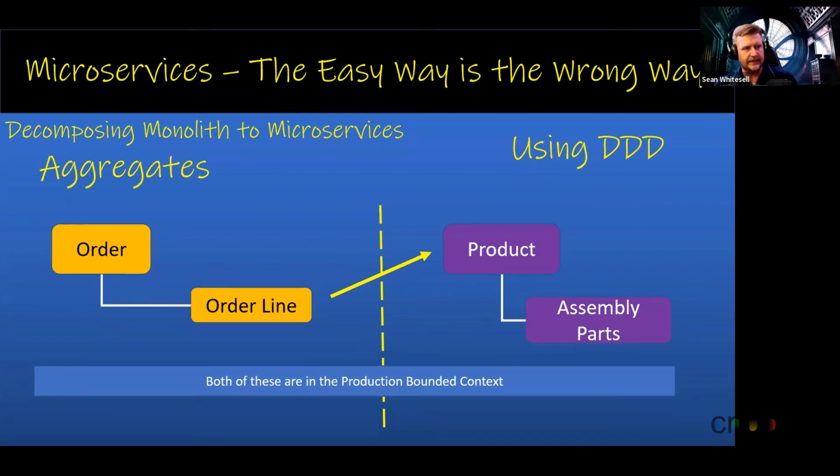One of the rules about DDD is that any code that's in an aggregate can call another aggregate, but it must go through the aggregate root to do so. Imagine that there's code handling an order line and it decides to call over and adjust something about the assembly parts.